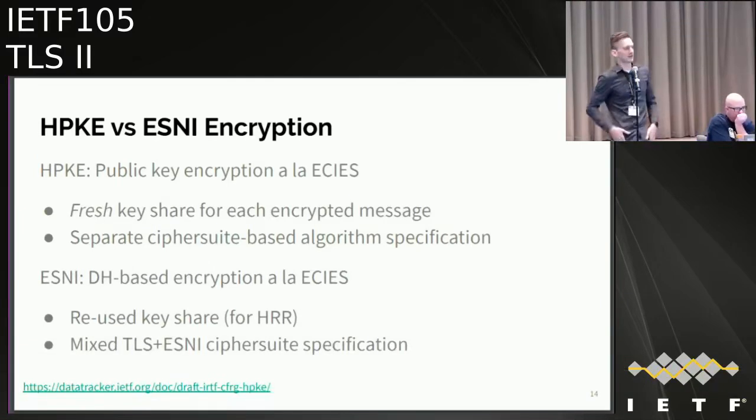In ESNI currently, we basically do ECIES with Diffie-Hellman, and we reuse the key share, meaning that upon getting an HRR, you would send the same client ESNI key share that you sent in the first one. And the cipher suite used to negotiate which particular algorithms for ECIES is sent in the ESNI key share using the TLS cipher suite spec.